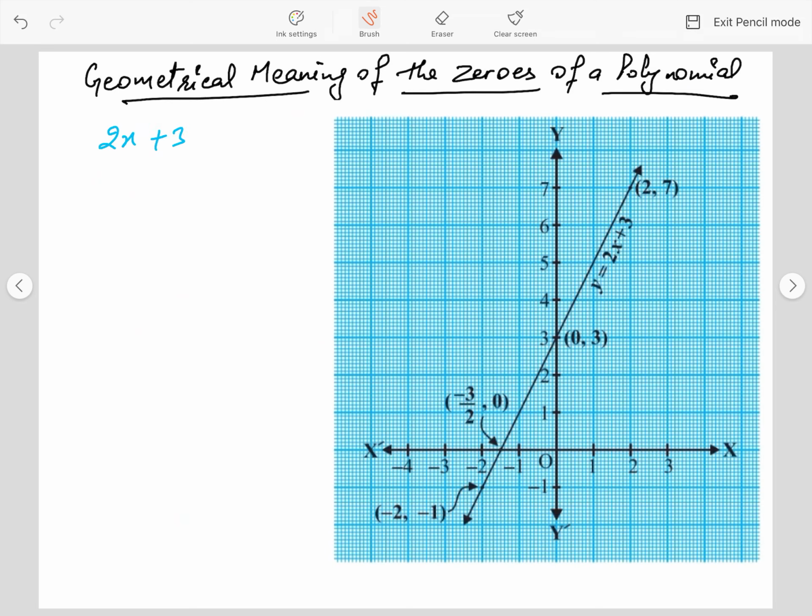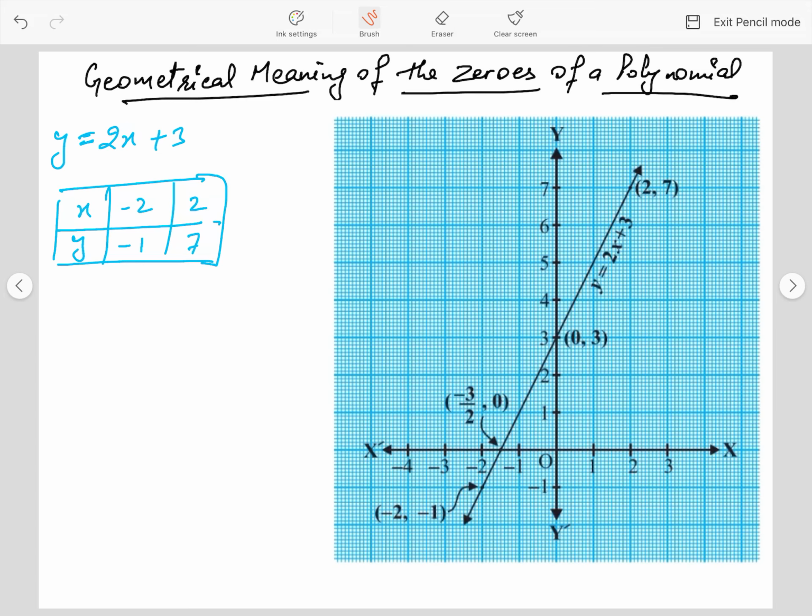As we have a graph with x-axis and y-axis, we will put this equal to y. Now we will find some points so that we can represent it on the graph. If we put the value of x as -2, we will get the value of y as -1, and if we put the value of x as 2, we will get the value of y as 7.